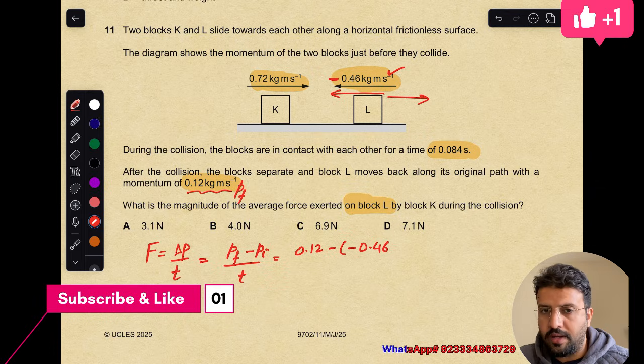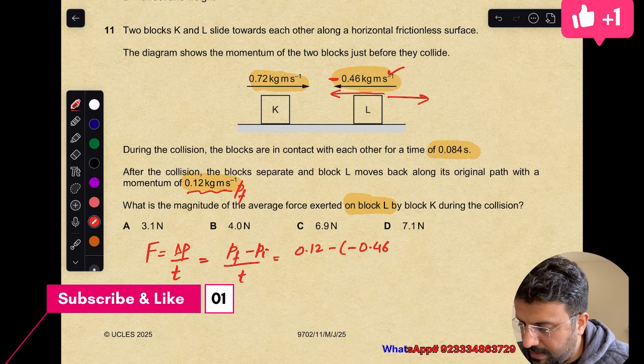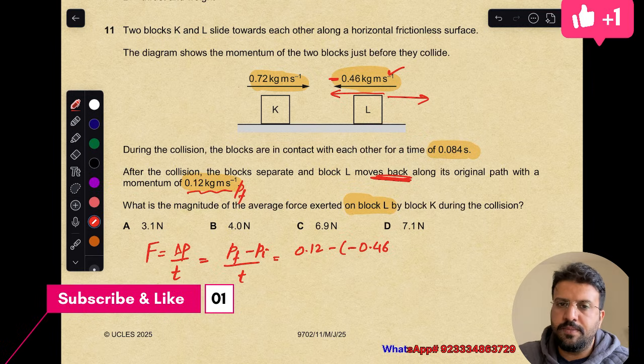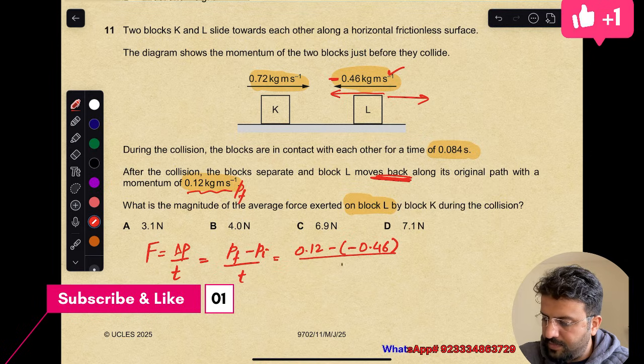Momentum is a vector quantity, so you have to consider the directions. How do we know the direction? Because they have told us in the question that after the collision it moves backward in the opposite direction. So if you're taking rightward direction as positive, the leftward will be negative, obviously. So 0.46, divided by the time, which is 0.084.